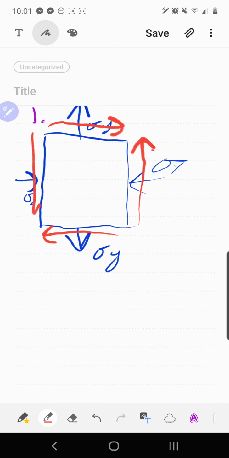Tau xy, tau xy. Sorry for my drawing skills. I'm still getting used to drawing on this particular device.